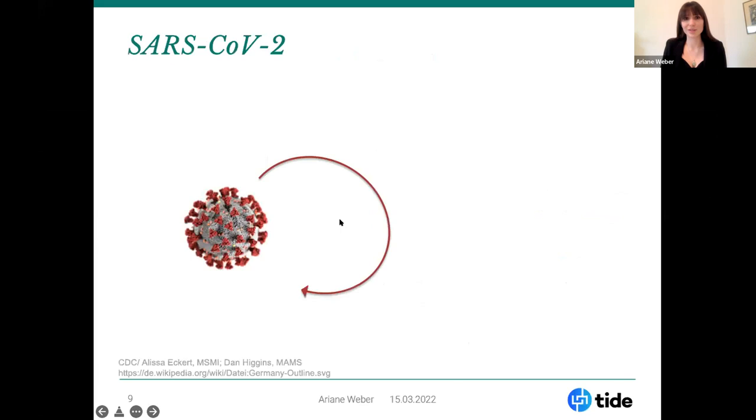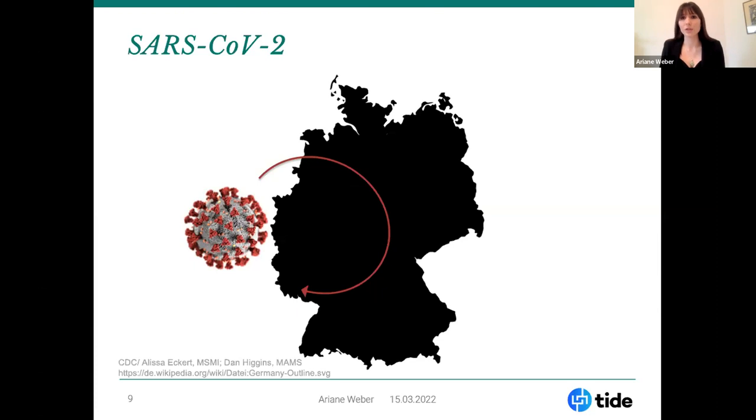So turning now to the application of this method to SARS-CoV-2 genomes, I would like to show two examples of data sets from Germany, which represent different epidemic settings, also from different time periods.